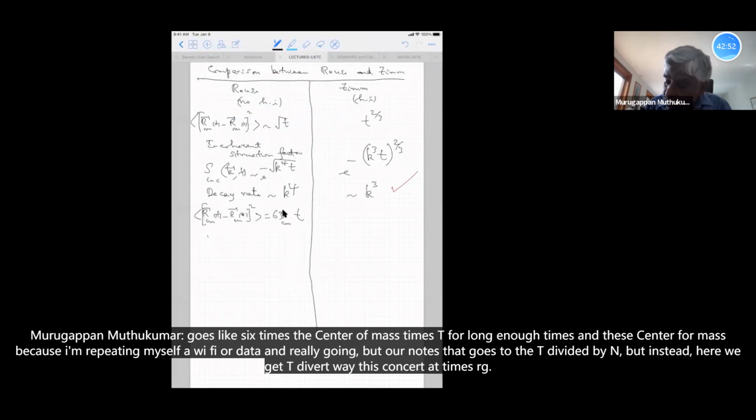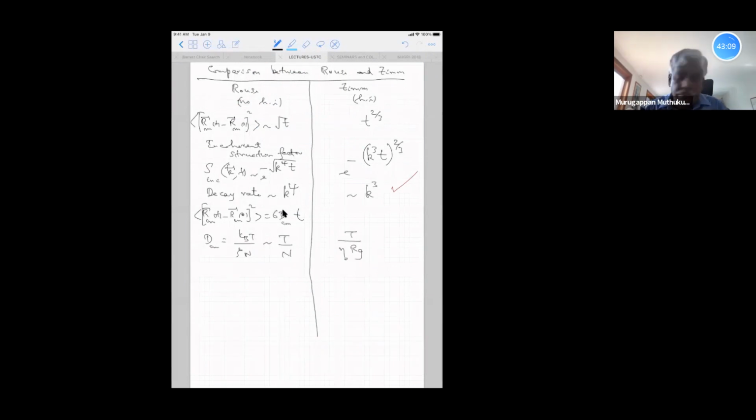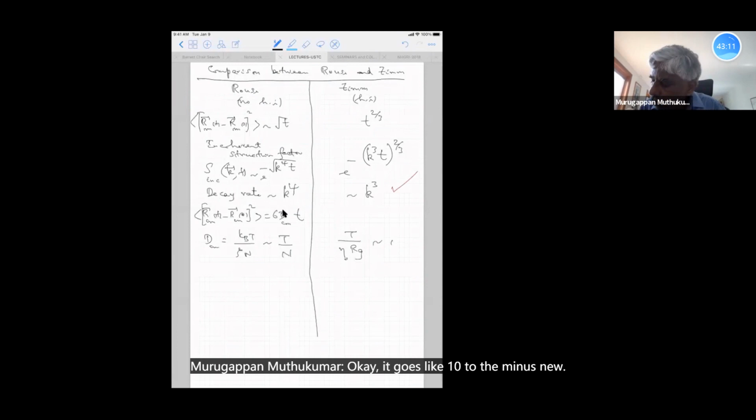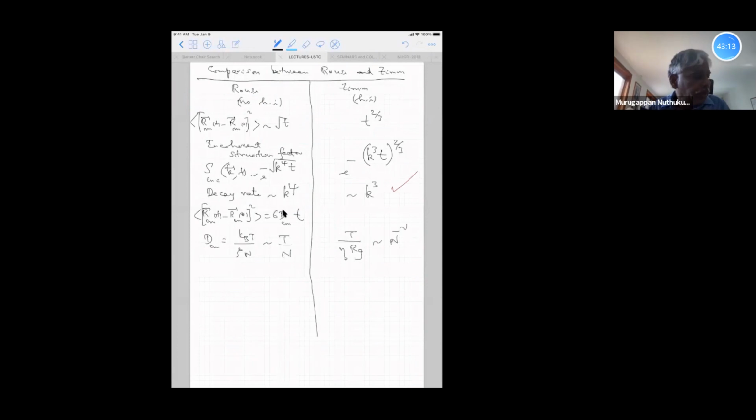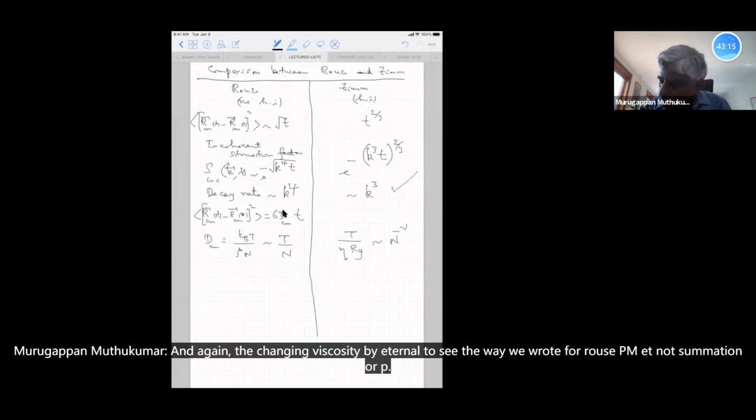And D center of mass goes like, I'm repeating myself, k_B T over zeta, and going back to our notes, that goes like 1 divided by N. But instead, here we get T divided by viscosity times Rg. It goes like N to the minus nu.